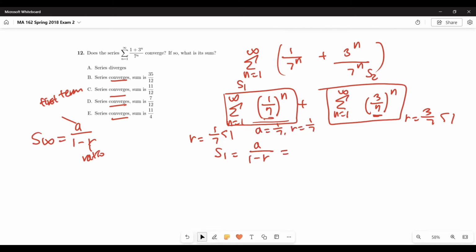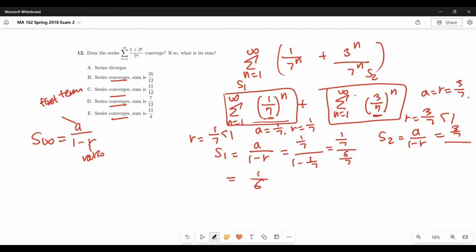So it becomes (1 over 7) over (1 minus 1 over 7), so 1 over 7 over 6 over 7. This is just going to be 1 over 6, right? And then let's calculate S2. S2 is a over (1 minus r), where a and r are both equal to 3 over 7. So this becomes (3 over 7) over (1 minus 3 over 7), so 3 over 7 over 4 over 7. So this becomes 3 over 4.